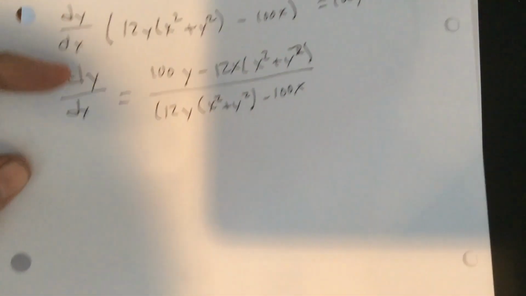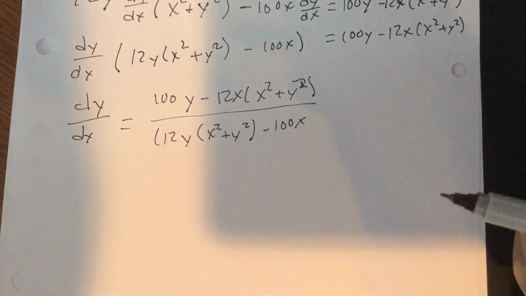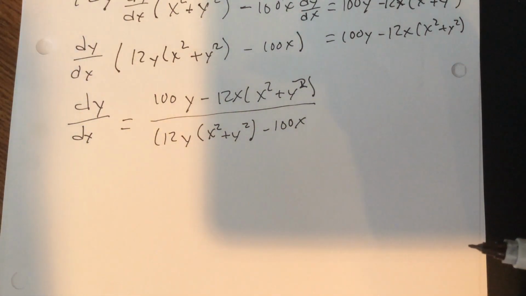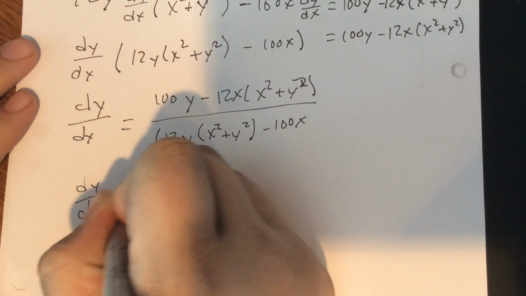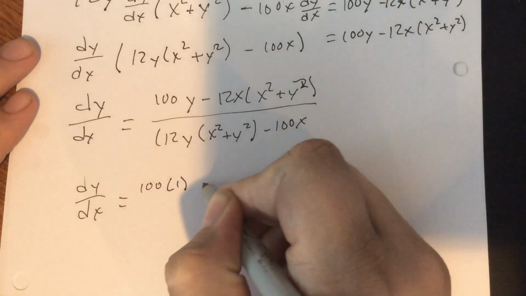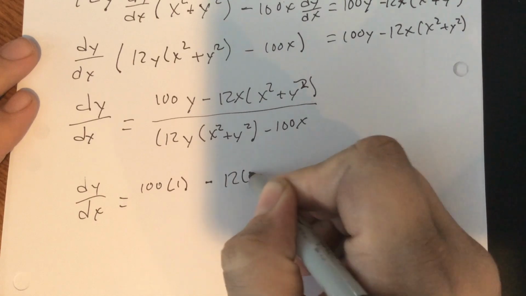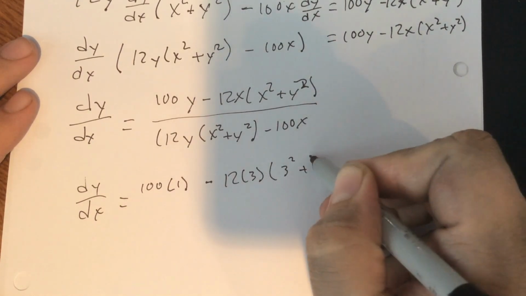And we didn't finish this because then we got to find the slope. So to find slope, we're going to replace every x with a 3 and every y with a 1. So dy dx, we would have 100 times 1 minus 12 times 3, times 3 squared plus 1 squared.